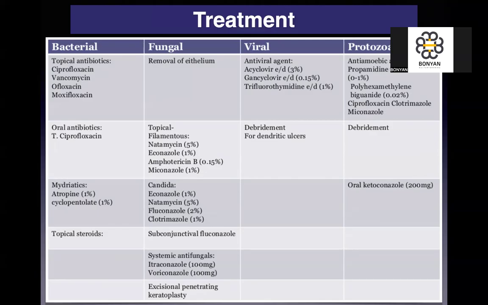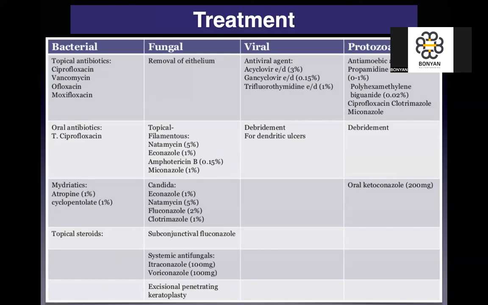the culture regarding the antibiotic choice. Also, we can add oral broad-spectrum antibiotics, ciprofloxacin. We can add mydriatics like atropine or cyclopentolate to relieve the cyclitic pain, or the uveal pain I mean, and to relax the spasm.